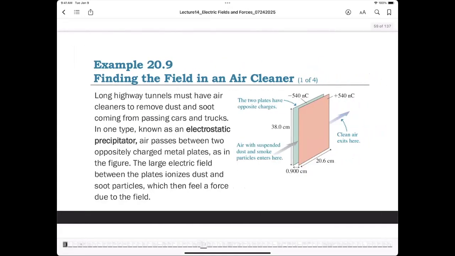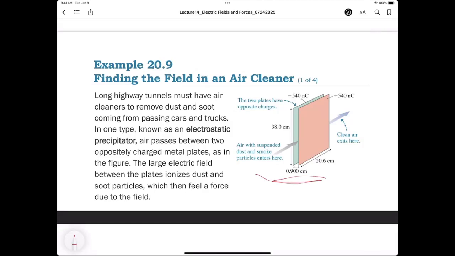Let's talk about one example: finding the field in an air cleaner. Long highway tunnels must have air cleaners to remove dust and soot coming from passing cars and trucks. In one type, known as an electrostatic precipitator, air passes between two oppositely charged metal plates, as in this figure.